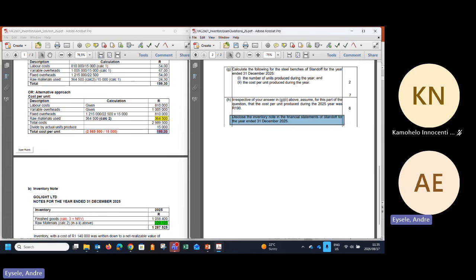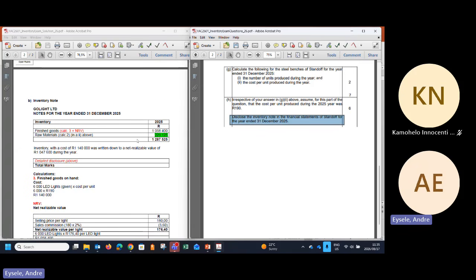Now we are addressing the disclosure purposes. How will you disclose inventory in the statement of financial position? That is what you are after, colleagues: disclosure of inventory. Inventory note, the name of the entity, notes for the year end. It consists of finished goods. We will come to that.